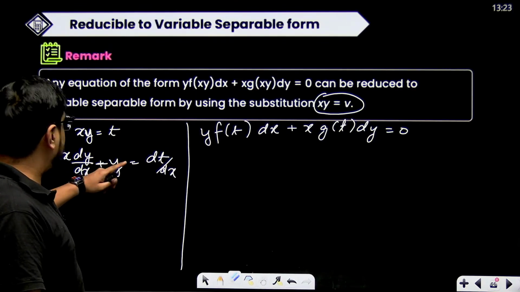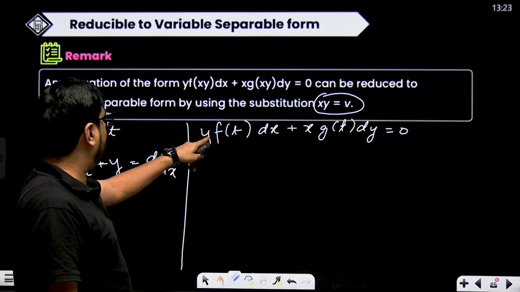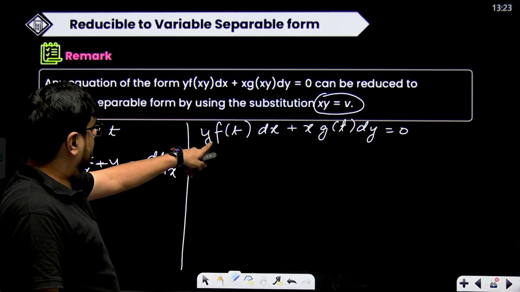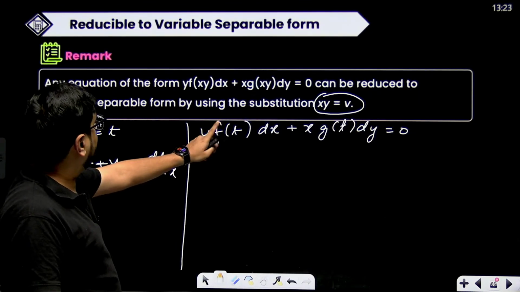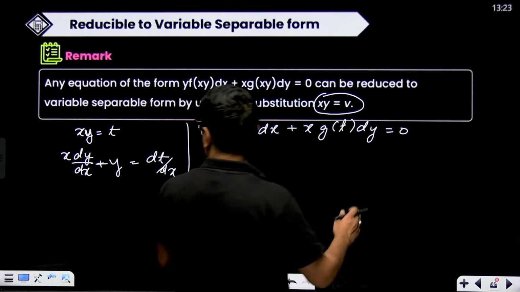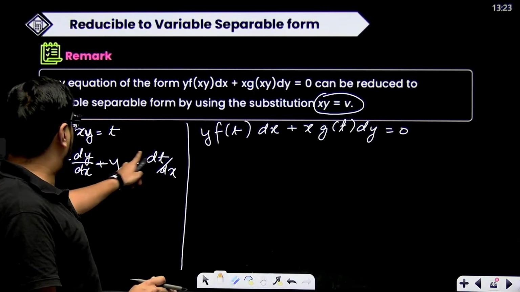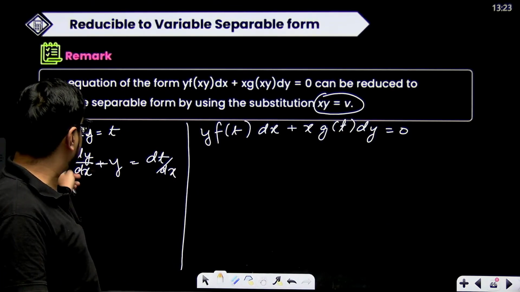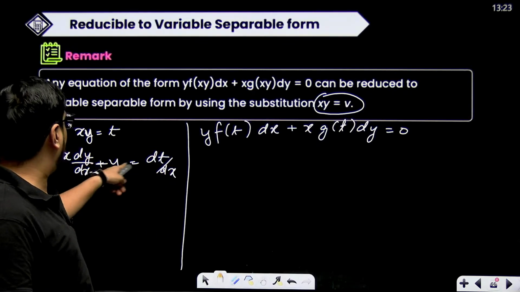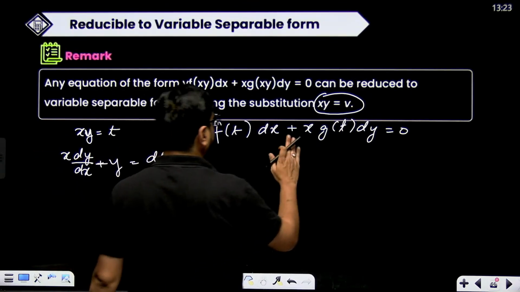dt by dx minus y. We had y over here, y f of t. Correct. No problem. dx plus x g of t dy. Now x dy we can put as dt by dx minus y.